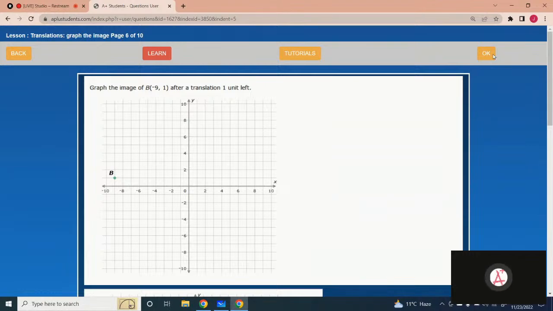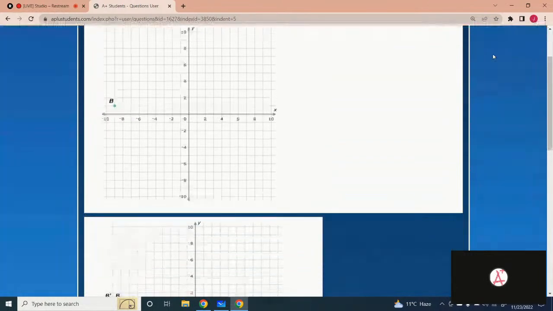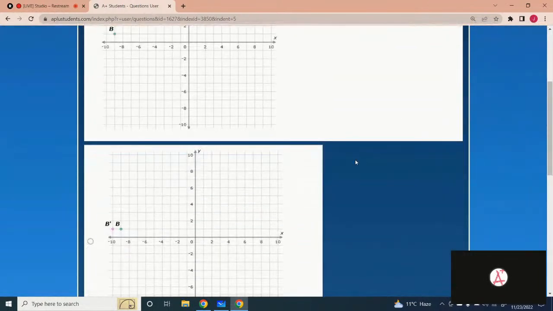Okay, the next one is graph the image negative 9 and 1 after translation of 1 unit left. So you are moving 1 unit left. This is the one when you move 1 unit left. Got it?